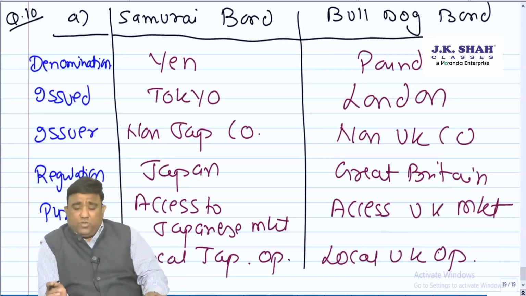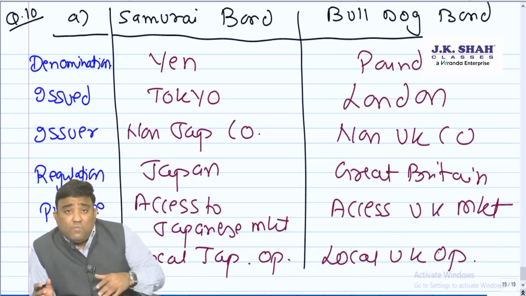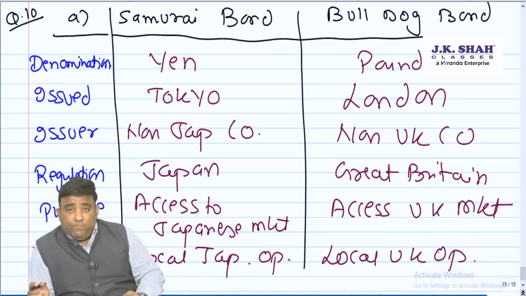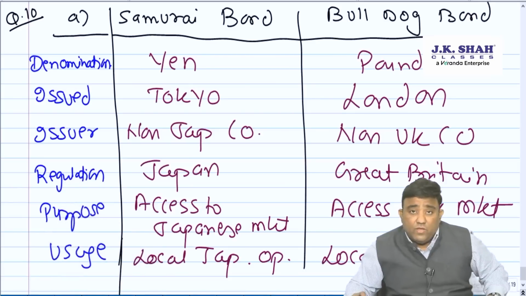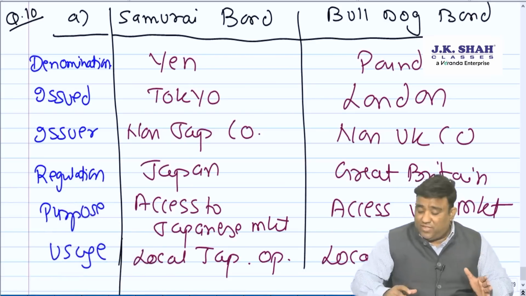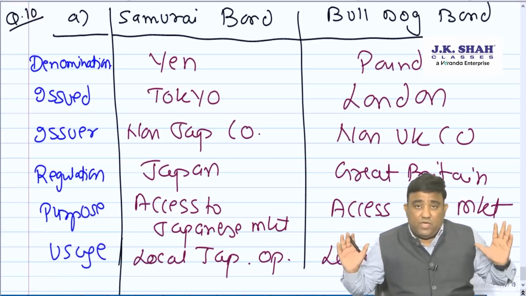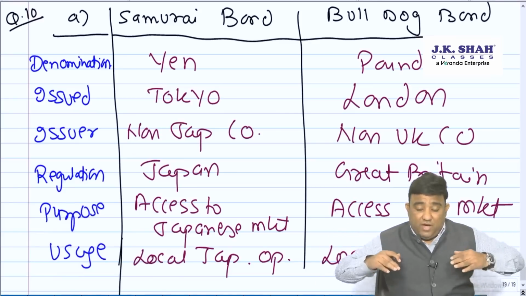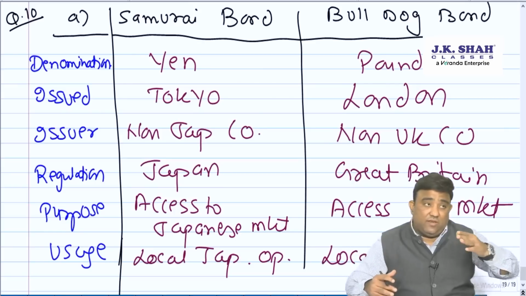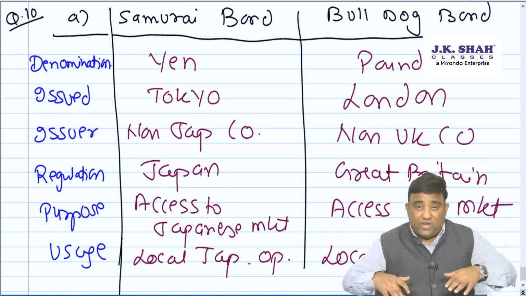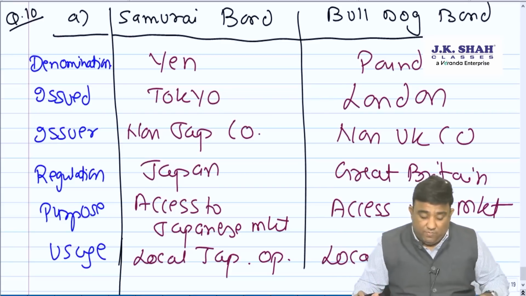Very simple, student. This is a way you can make this theory very simple. Are you getting this? One is from Japan, second is from UK, and everything is ready. Clear? It's about tapping a foreign market. That is the reason, depending upon the local names, they have created these kinds of names for the bonds.